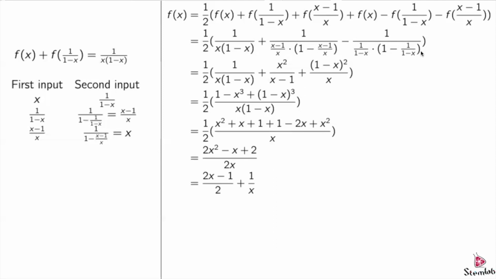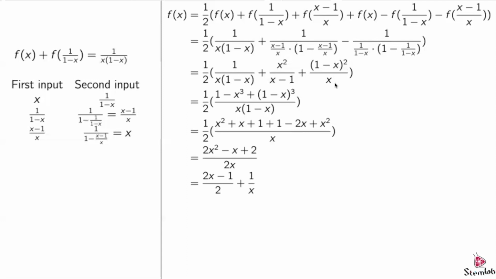Okay, so doing some simplifications. The first expression here we don't simplify. It's basically what it is, 1 all over x times 1 minus x. The second one simplifies nicely to x squared all over x minus 1. And the third expression here simplifies also nicely to positive 1 minus x quantity squared all over x.